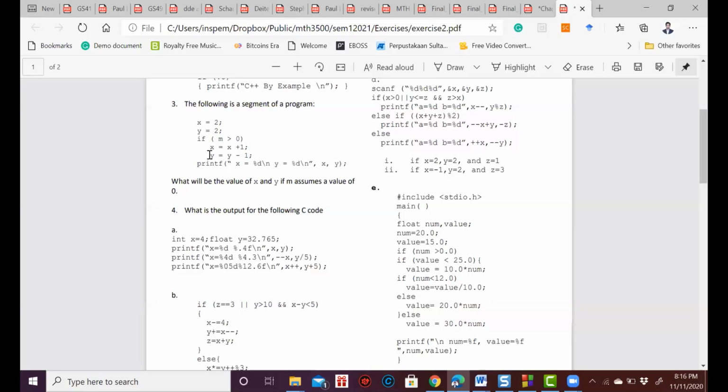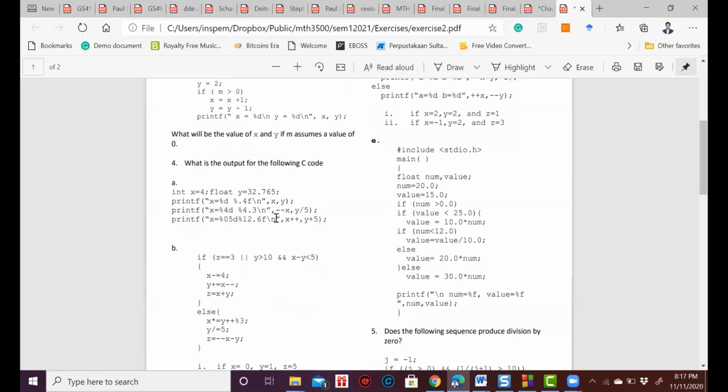It is at the same level as the if statement, not dependent on it. That's why if the condition is false, it goes straight to Y. Because we don't have a curly bracket here, Y is outside the if. Then if this one is false, we calculate Y minus 1. Okay, now this one is clear.